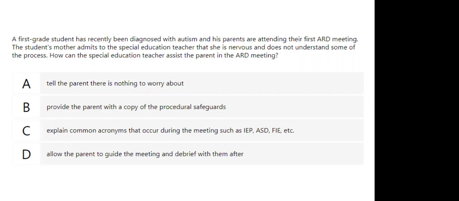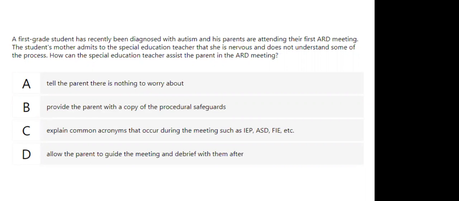What is the process and the procedures that happen when you have a child that has received special education services? Let's see. Is that special education teacher going to just tell the parent there's nothing to worry about? Are they going to provide the parent with a copy of the procedural safeguards, which is going to outline those parents' rights and privileges for having a child receiving special education services?